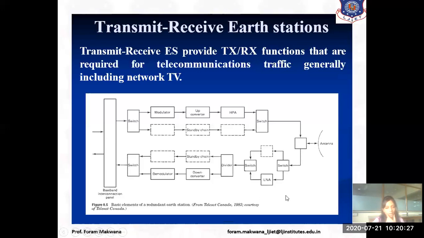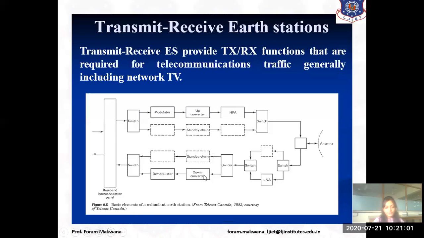Okay, now on the receiving side, the first block is the LNA, that is the low noise amplifier, which is used to maintain our signal to noise ratio at the maximum. Okay, then the signal is divided with the help of a power divider. The standby chain is redundant, as we have discussed earlier, that if any of the blocks is not operating or not functioning properly, then our signal is switched to the remaining blocks.